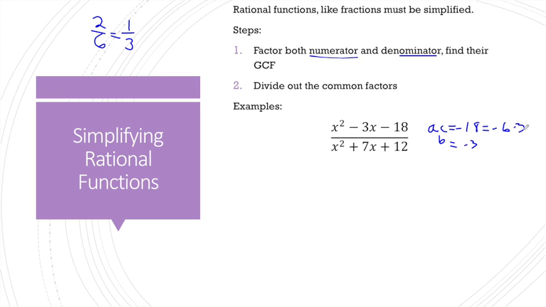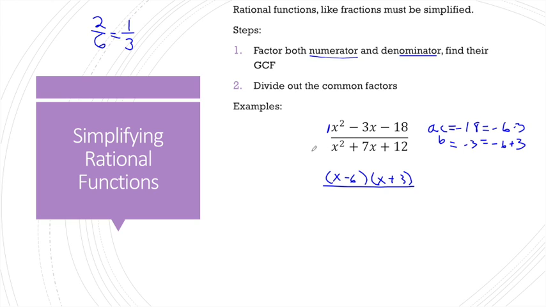Negative 6 times 3 is negative 18, and negative 6 plus 3 is negative 3. Now my leading coefficient is a 1, so I can use our rule that I can rewrite this as x minus 6 times x plus 3 based on these factors over here. And you can always check your answer by foiling.